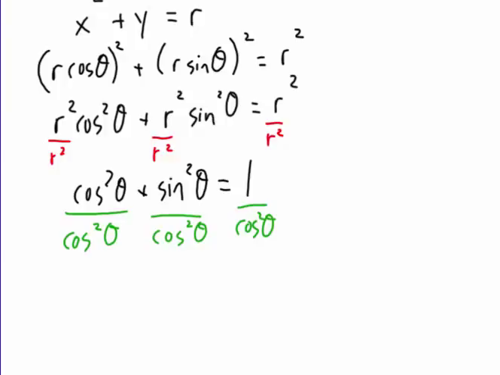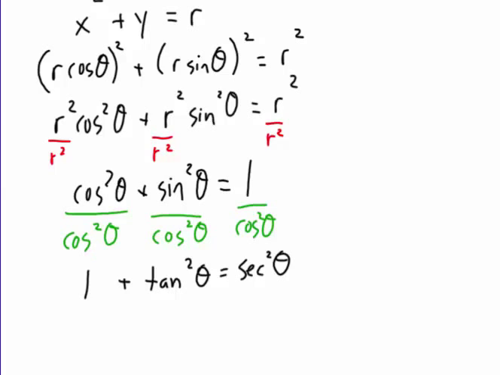Cos squared divided by cos squared is 1 plus, well, we already said that sine theta over cos theta is tan theta. So sine squared theta over cos squared theta is tan squared theta. And that's equal to, well, 1 over cosine theta was secant. So this is secant squared theta. There's another fundamental trig identity.